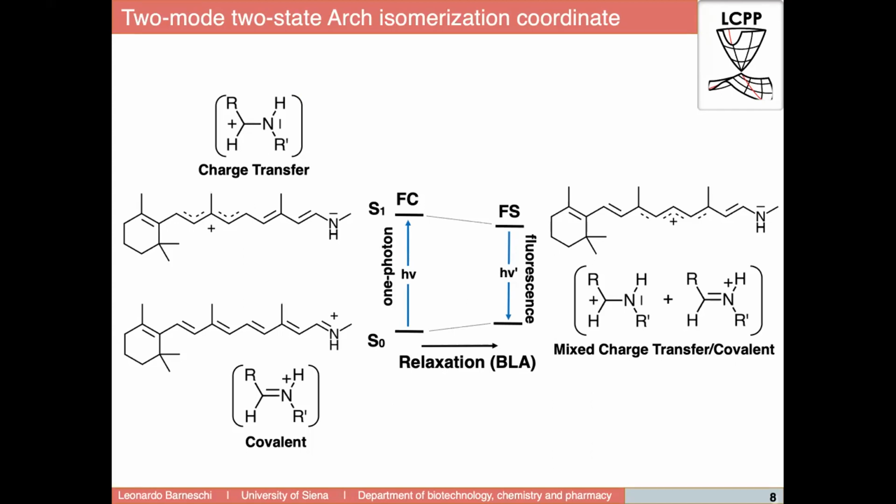After the excitation, the charge is relocated to the beta ion moiety of the retinal, and after relaxation to the fluorescent state we still feature a large weight of charge transfer configuration with some covalent structure.